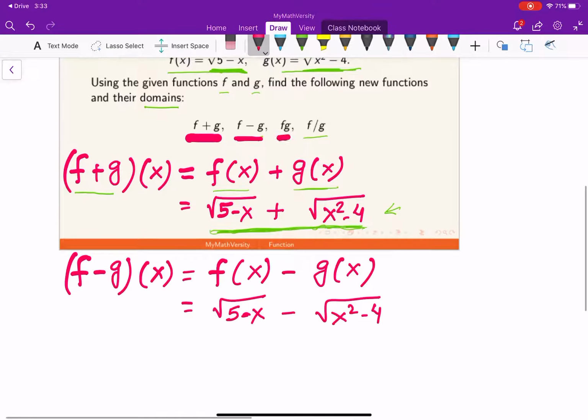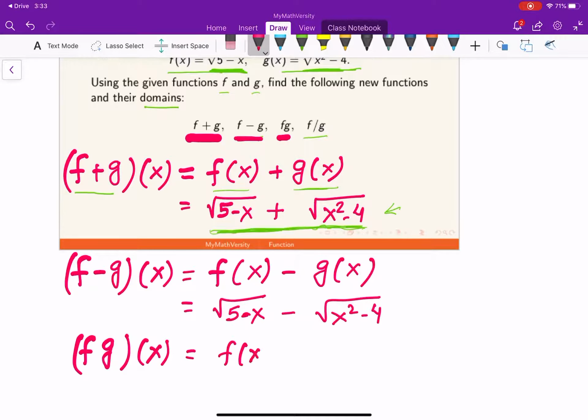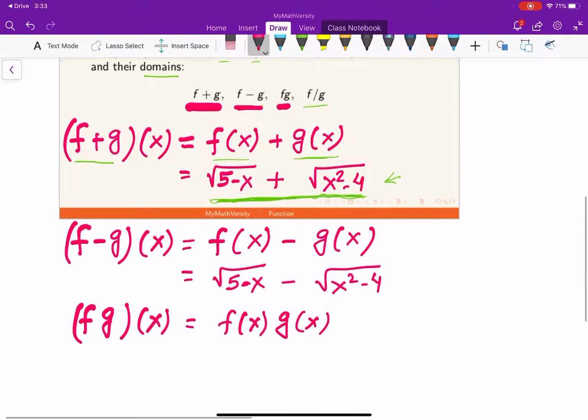Let's find f times g. f times g means the product of these two functions. Do the same thing: whatever the function f of x is, multiply that with the function g of x. Function f of x is given in this problem as the square root of 5 minus x, and we just multiply that with the square root of x squared minus 4.